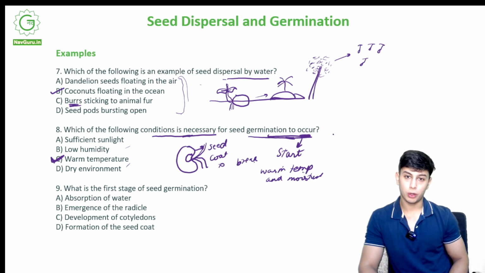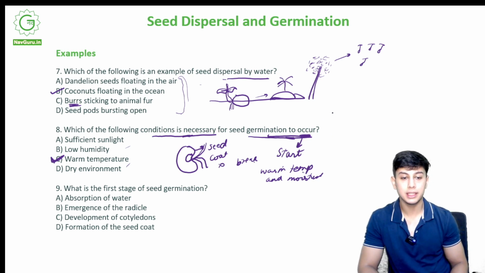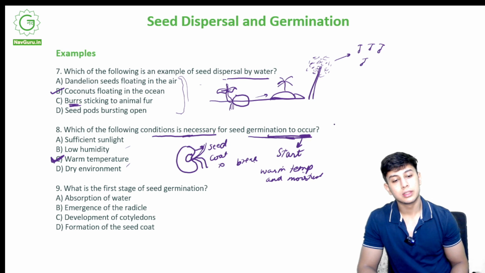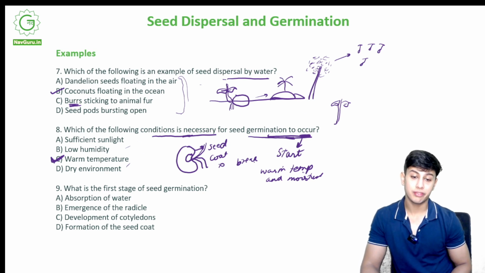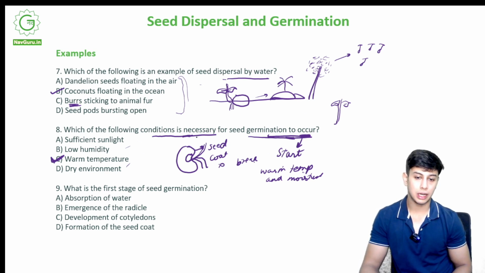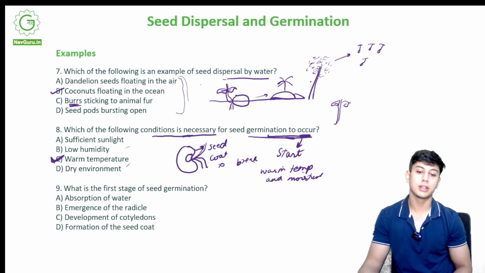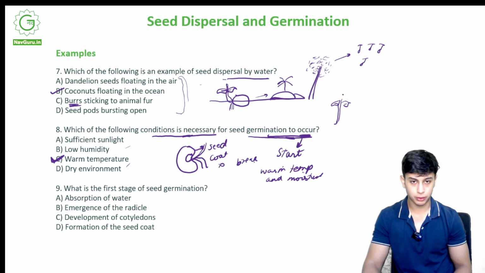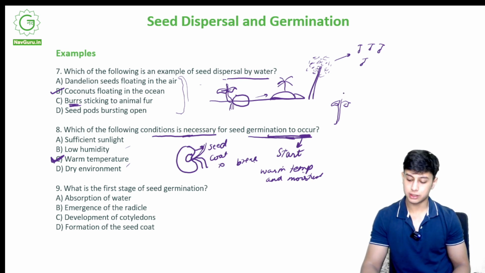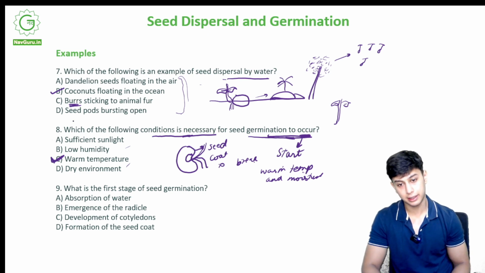Okay, so some warm temperature and some moisture will lead this seed to grow, okay, for germination to occur, right? Now after its cotyledons have been utilized, after it has developed a certain amount of stem, a certain amount of shoot and the root. Shoot was the plumule, root was the radicle. After it has got a plumule and a radicle, then sufficient sunlight would be a factor.